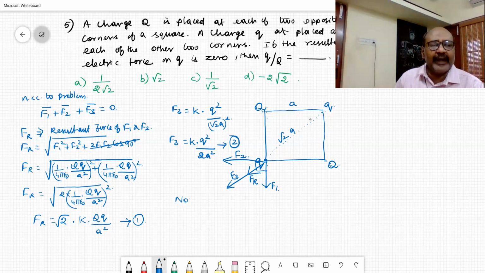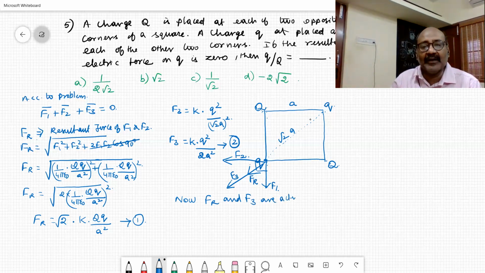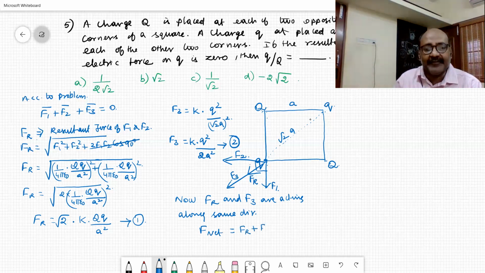Now we can say the value of Fr and the value of F3 are acting along the same direction. If they are acting along the same direction, then I can write F net is equal to Fr vector plus F3 vector.